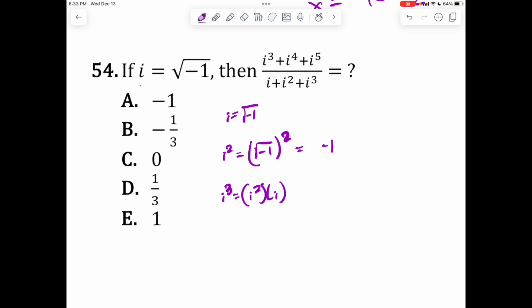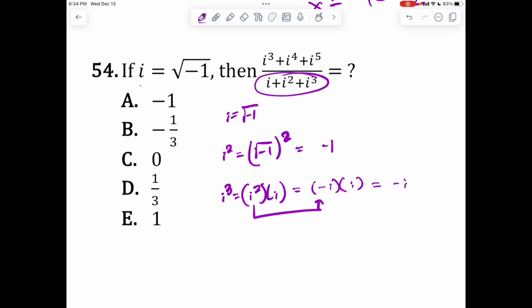i. Now you might think, how is this going to help us? What I realize is that I actually have this right here and this guy right here. Let's just simplify it. i squared is equal to -1, so let's substitute -1 and i. I end up getting -i.